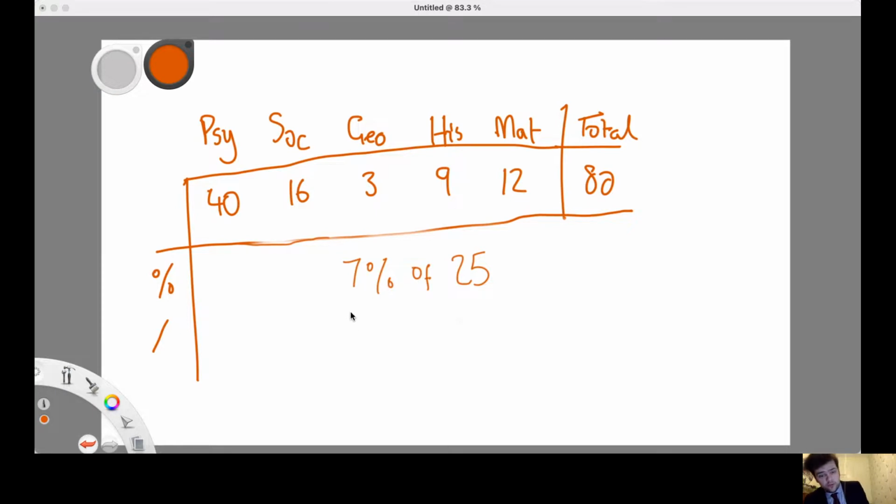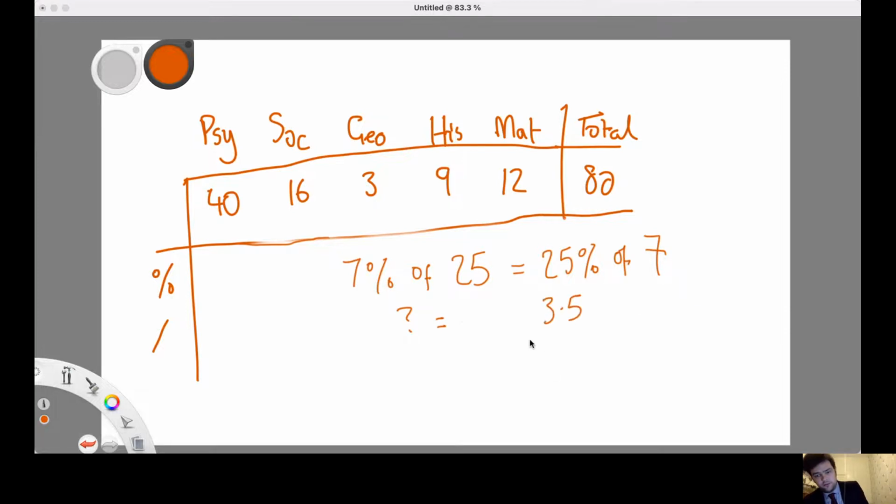Well, good for you is that percentages are reversible. So the answer to this is the same as 25% of 7. And that's easy to do. Usually one of these is easier to do. So we don't know what 7% of 25 is. No idea. But we know what 50% of 7 is. It's 3.5. We just divide by 2.